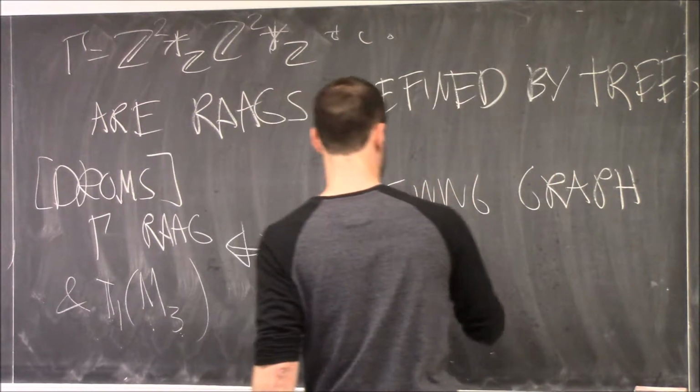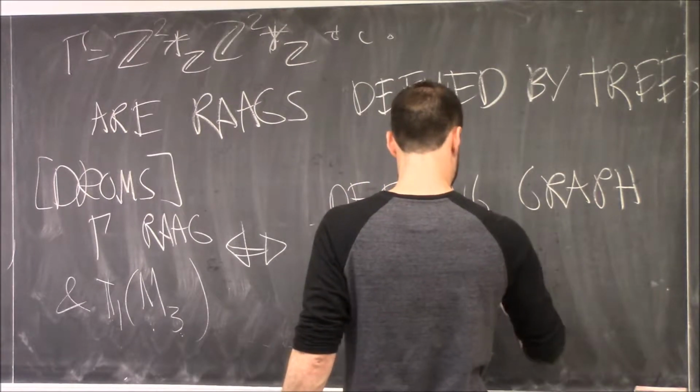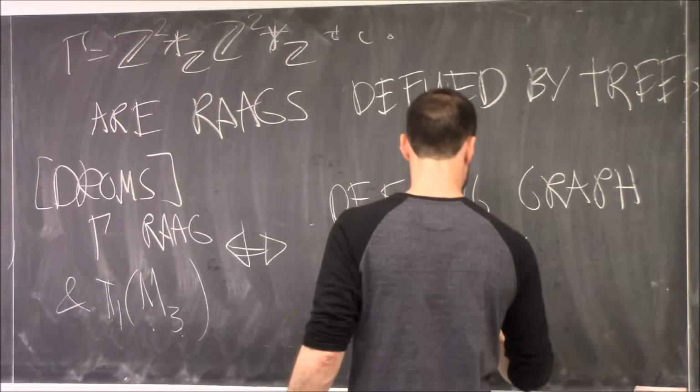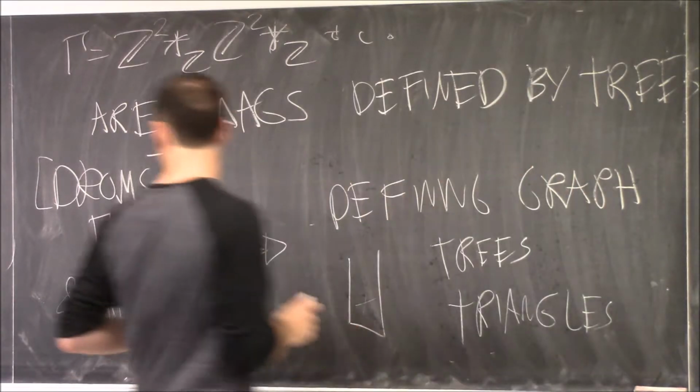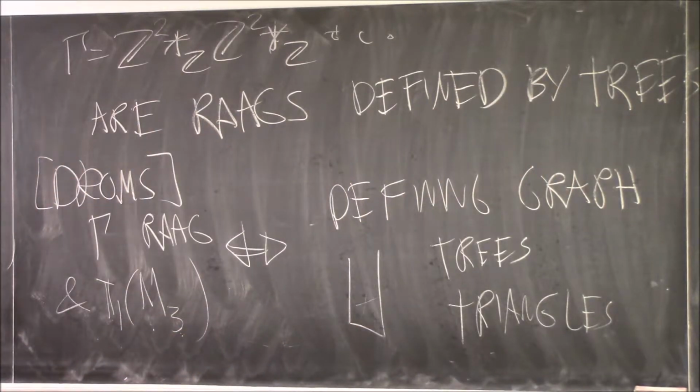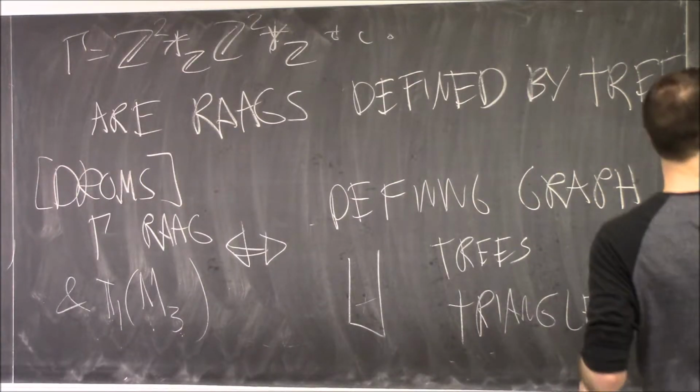Triangles are just free abelian groups of rank 3. Trees look like this, and disjoint union corresponds to free products. So you get a retraction for this entire class of groups.